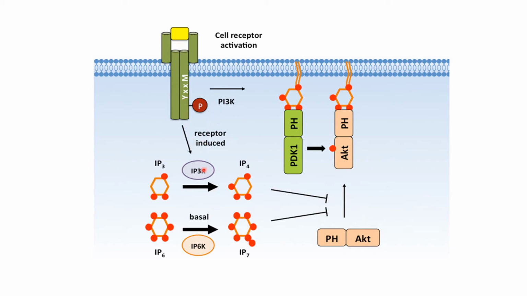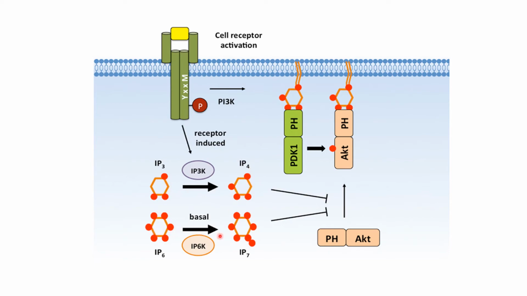For example, here it is activating IP3 kinase. IP3 kinase is the enzyme which is going to phosphorylate IP3. IP3 is inositol triphosphate, which is the product of PIP2 originating from the membrane. It converts into IP4.